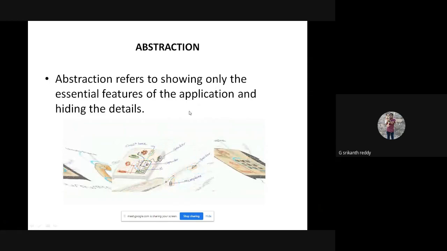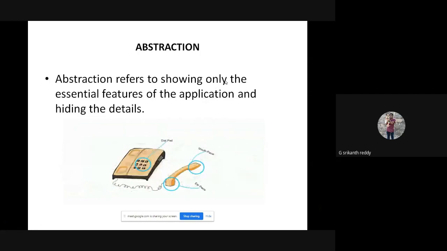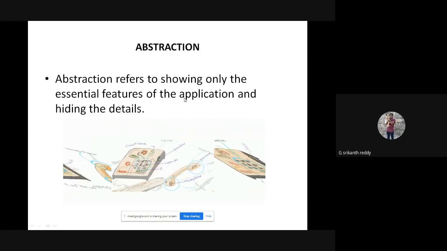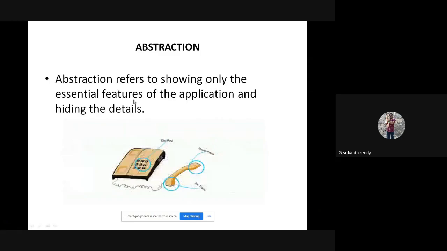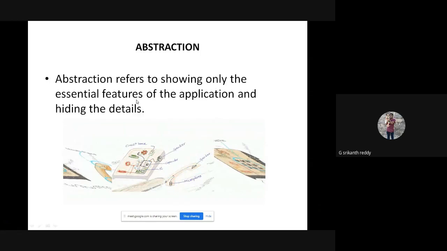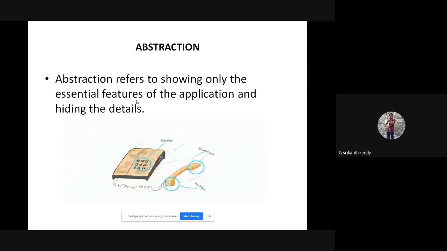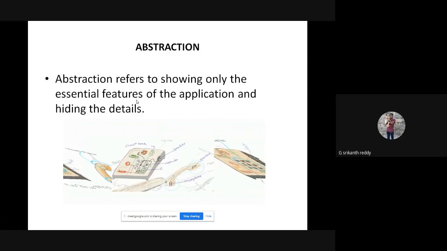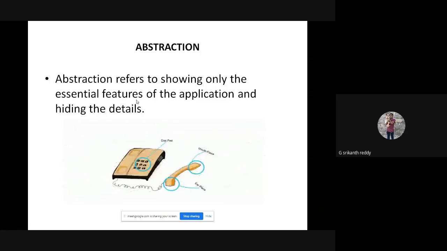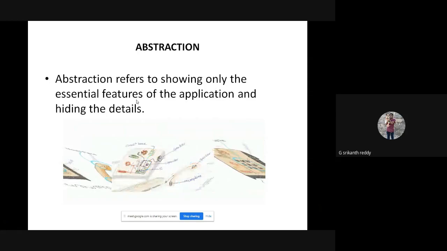We need not know. As a user, those should be hidden. So that is the concept of abstraction. Abstraction refers to showing only the essential features, only what is needed, because all the other things are not needed. In that case, you have to hide them. This process is called abstraction.